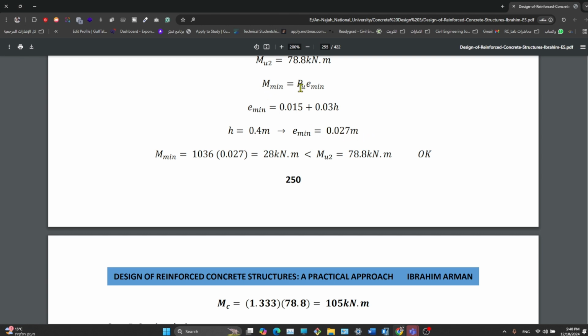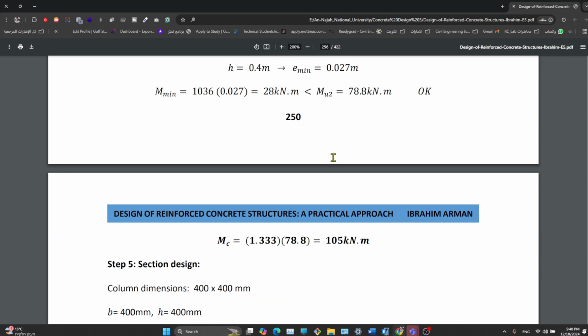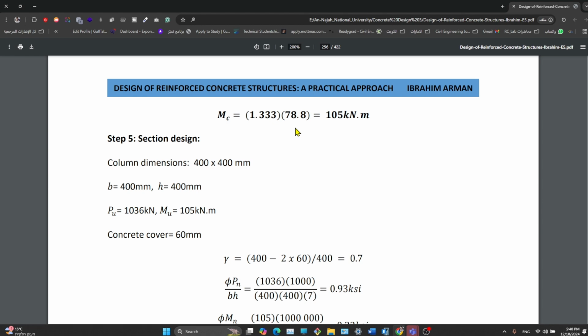Then I can compute the P ultimate times E minimum to check the M minimum, equal to 28. Now compare it to the M ultimate. Is that less than or equal to 78? Right. Yeah, so it's okay. M2 is greater. We can continue now.